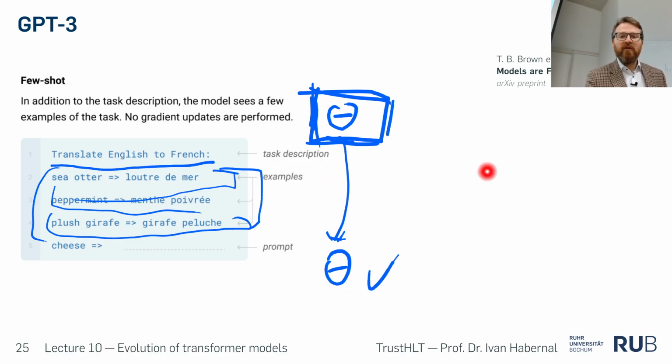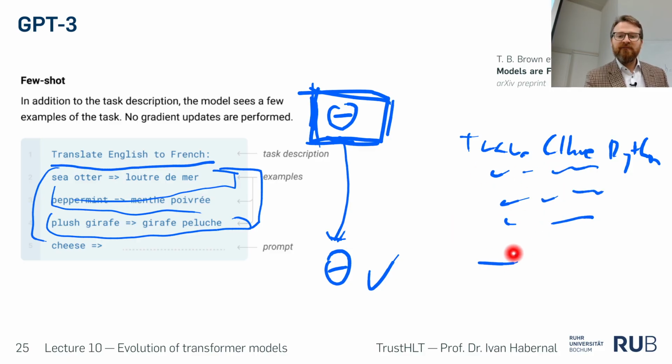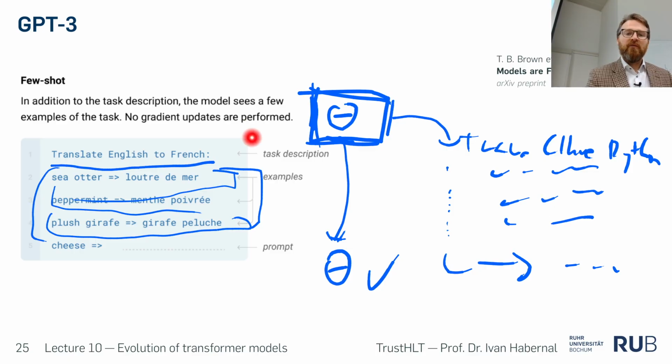You start again and you want to, say, translate Chinese to Python. And you show, okay, I know Python but no Chinese, but whatever. So you show some examples and then something is produced out of this. So here you're starting with the same set of parameters and showing the model how to do this task, which makes many things much easier.